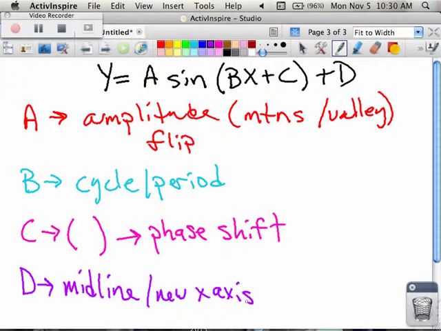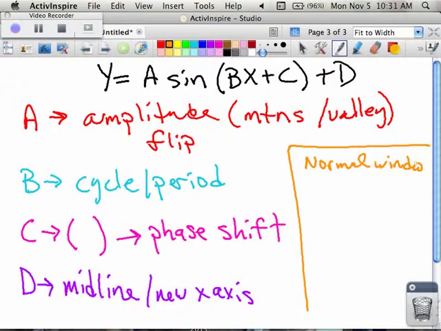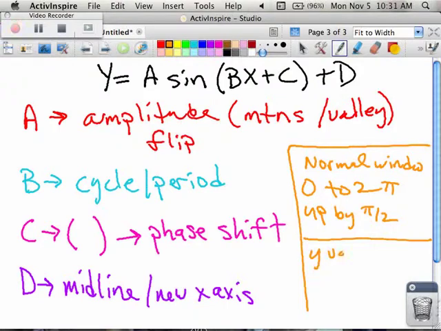There's one other thing I wanted to point out. In general, the normal window is from 0 to 2 pi, and you go up by pi over 2, and those are for your x's, and then the y values are from negative 1 to 1.